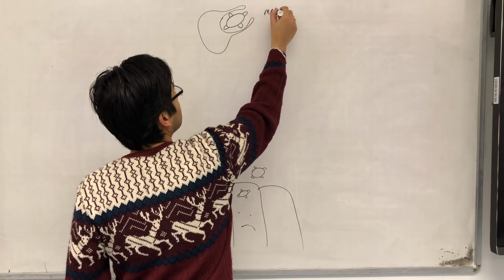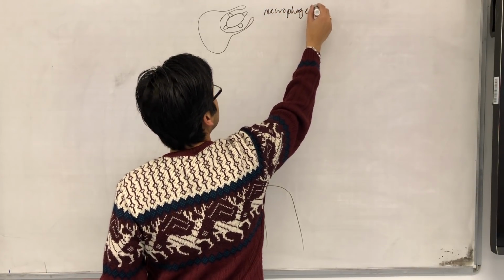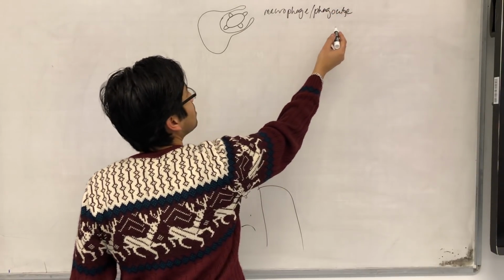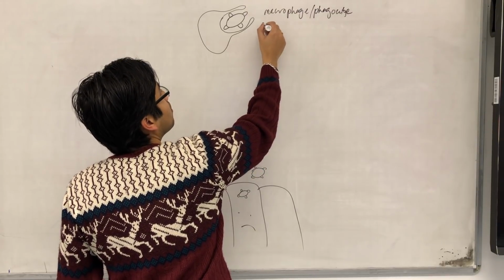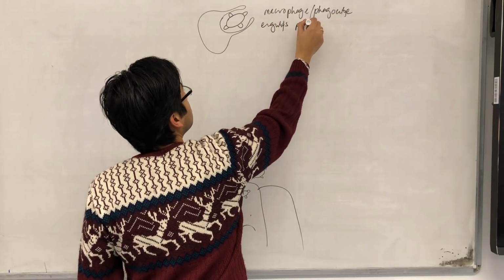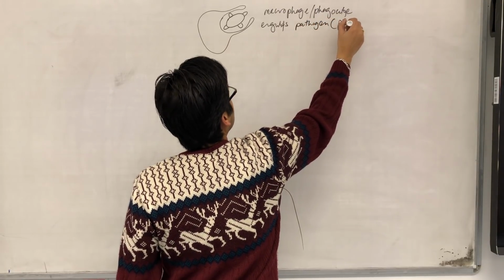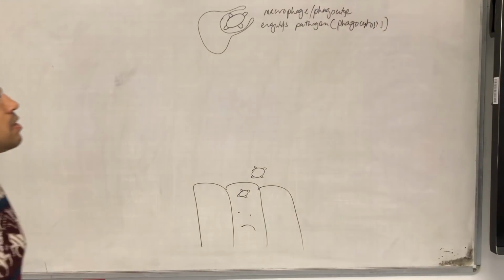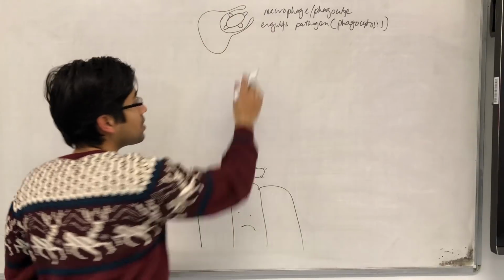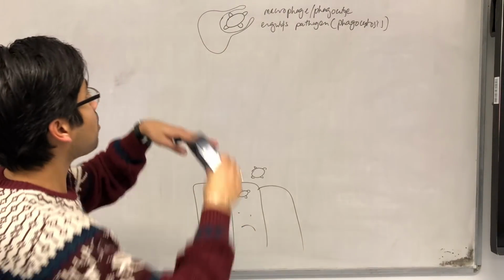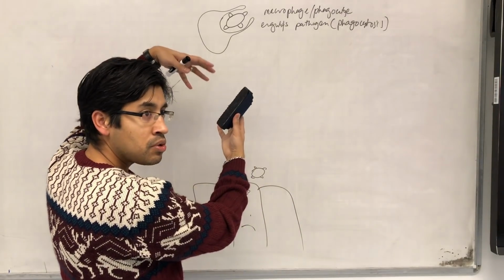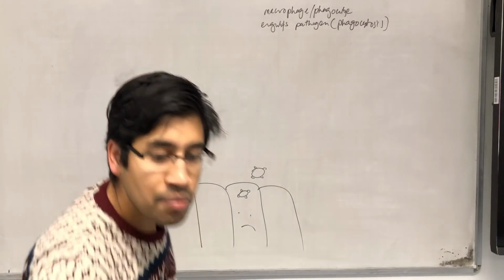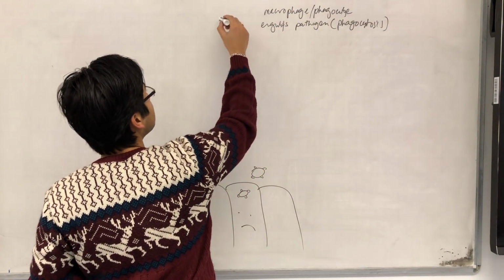So first step, macrophage or other phagocyte engulfs the pathogen, phagocytosis. And once this process is done, they engulf the pathogen, the lysosomes fuse, they break down the pathogen, and they then present fragments of the broken down pathogen on their surface.